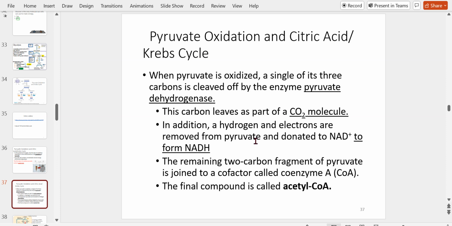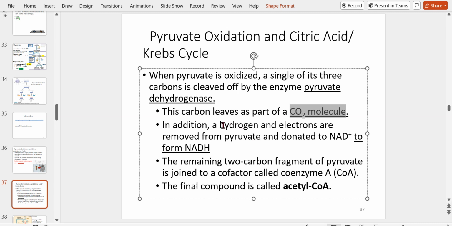This carbon leaves as part of a CO2 molecule. That's it, breathe out. That's where that carbon came from. A third of the carbon dioxide you breathe out comes from that particular process alone. Seriously, that gas was inside all your cells at one point in time.